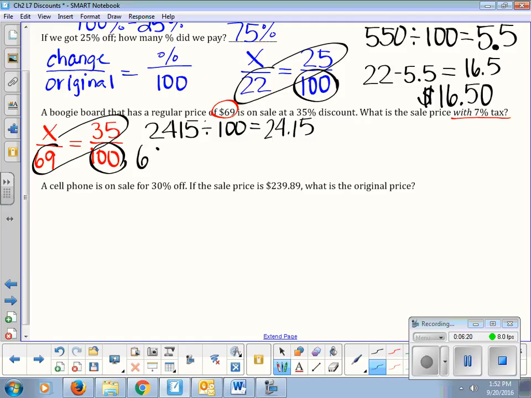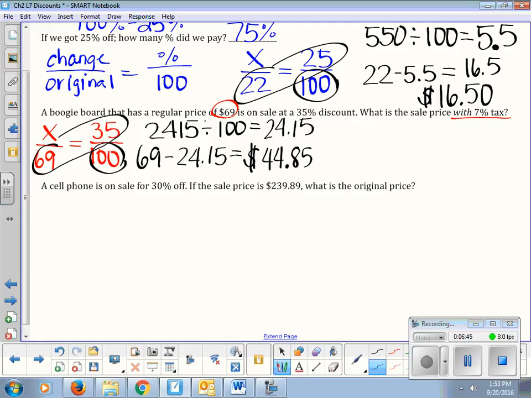So we need to take 69 and subtract $24.15, and what do we get? I got 44.85. Yeah, $44.85. They want us to include a 7% sales tax.